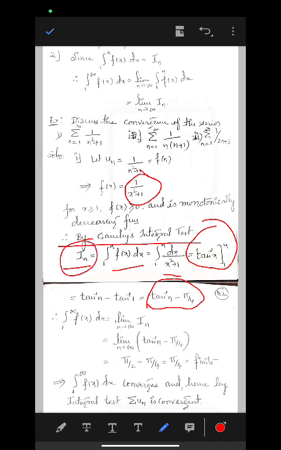That is the I_n value, but what we need to find is the improper integral over 1 to infinity, as given in Cauchy's integral test. What we have is integration over 1 to n.